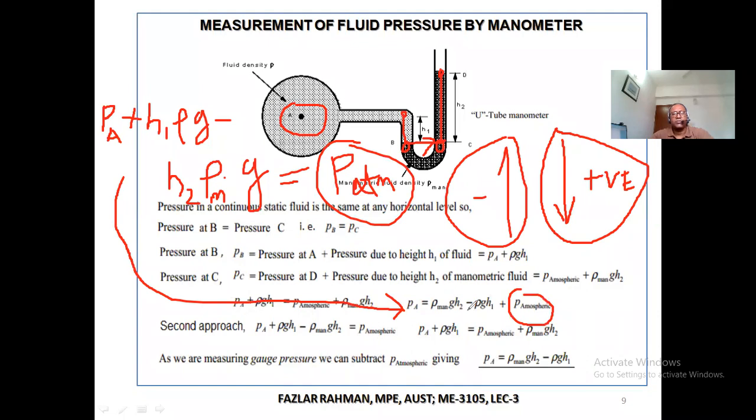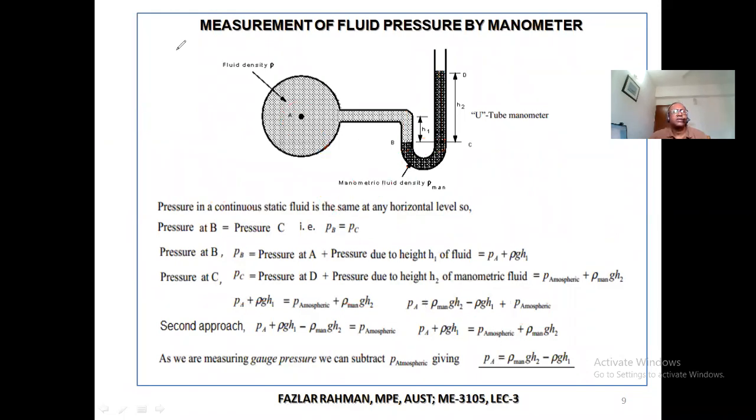Rho manometric, this will be positive. It is negative, so when it goes to the right side it will be positive. And this one is plus, so you take it to the right side, this will be negative. Okay, so any way you can walk down to figure out the pressure in the particular tank or between two tanks. Okay, so let's see the next slide.